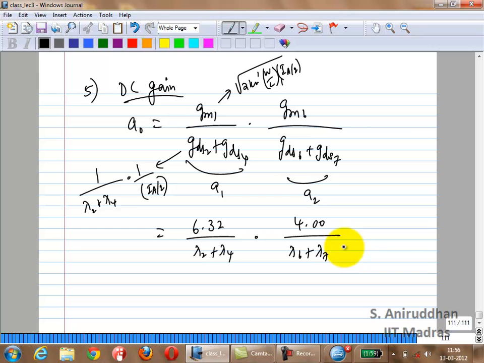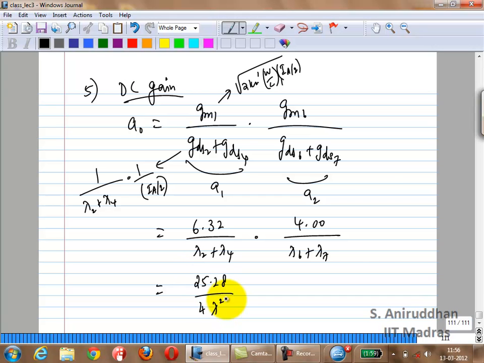We'll do it slightly differently. We'll put the constraint that all 4 lambdas are equal. If you say all 4 lambdas are equal, this will end up being by 4 lambda squared.